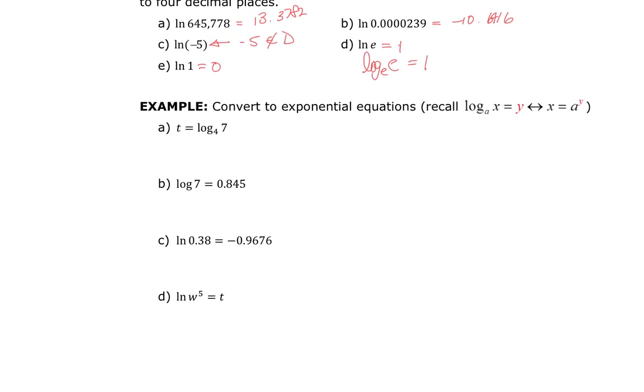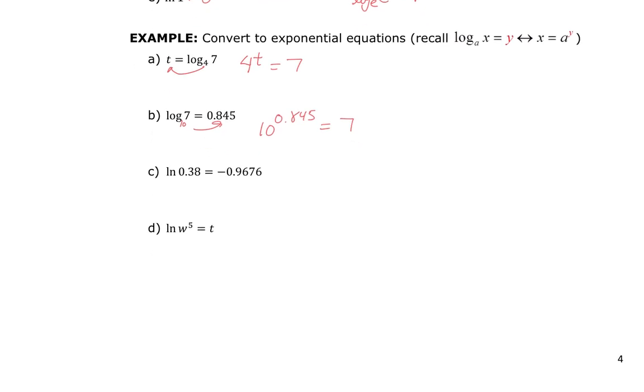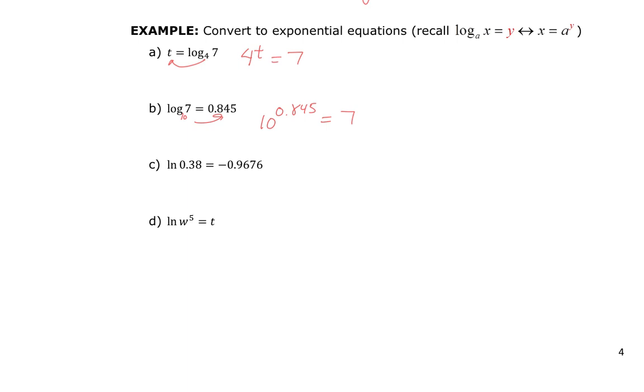So if I'm asked to convert from a log to an exponential, I know it as 4 raised to the t. 4 raised to the t is equal to 7. And this is the common log, so this is going to be 10 raised to the 0.845 is equal to 7. You can confirm this with your calculator. You can do 10 raised to the 0.845 and it should give you approximately 7.